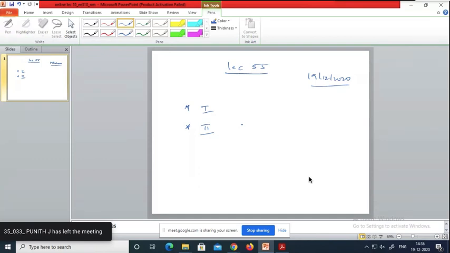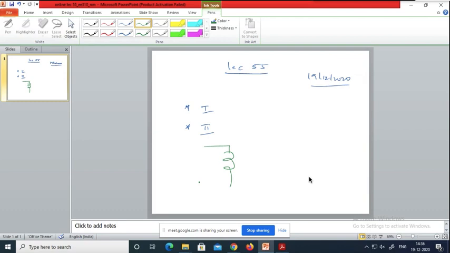For example, if I draw a simple inductor like this, and I pass a current I of t, due to the supply voltage V of t, you will have some induced EMF in this coil. Due to this current, there will be some flux linking this coil, and due to the flux linkage, some EMF is induced, which I'll denote as E of t.